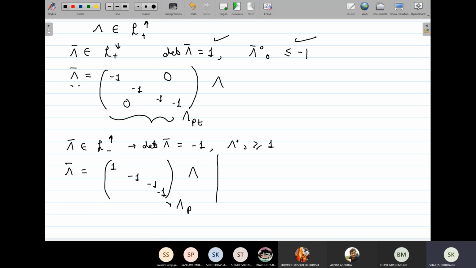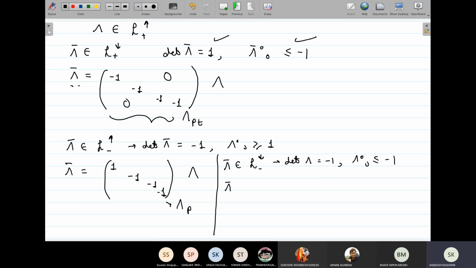Okay, now I will consider lambda bar which belongs to L minus down. Okay, you have L plus up, L plus down, L minus up, L minus down. So L minus down means it has determinant equal to minus 1 and lambda 0, 0 less than minus 1.